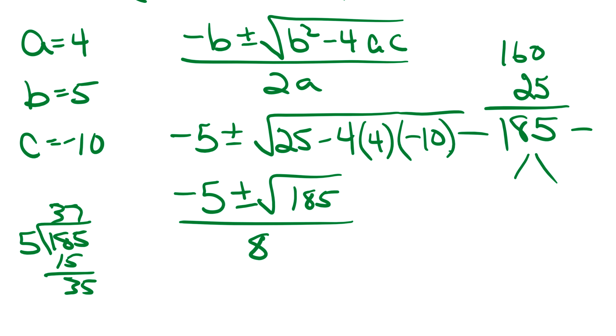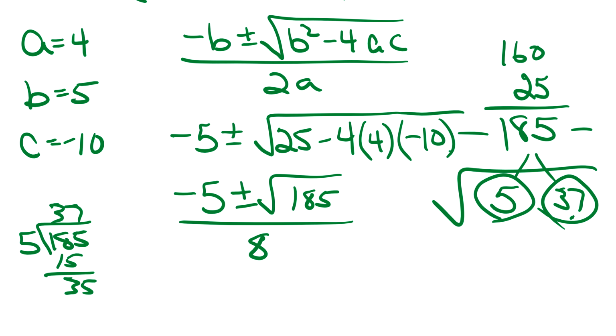Oh, so this means I've got 5 times 37. Interesting. 37 you can't break down, and neither can you 5. These are both what we call prime numbers. So the square root of these two numbers remains as 185.